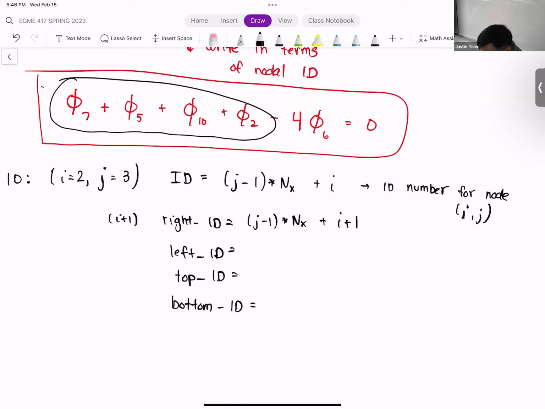So let's look at left ID. Left ID is just I minus 1, because it's the neighbor to the left. If we replace I with I minus 1, we have J minus 1 multiplied by NX plus I minus 1.